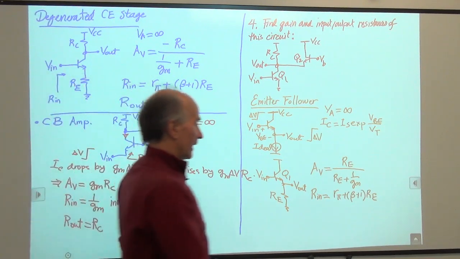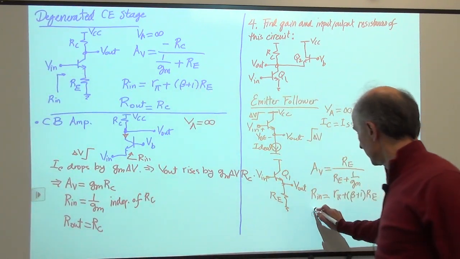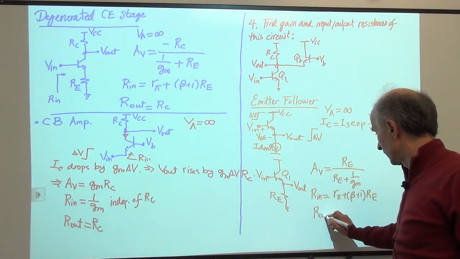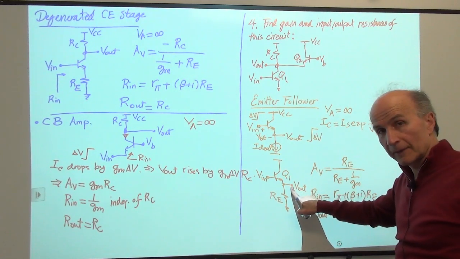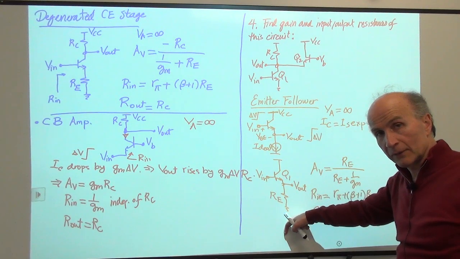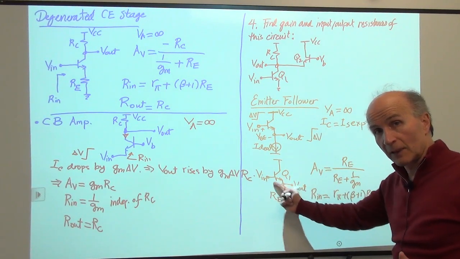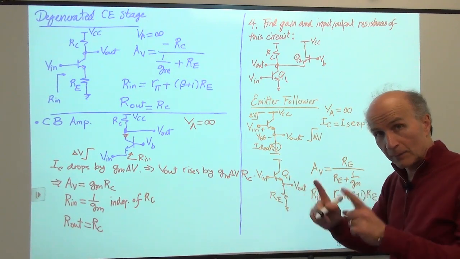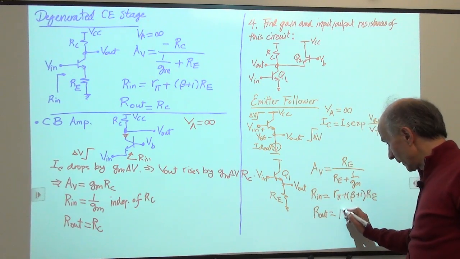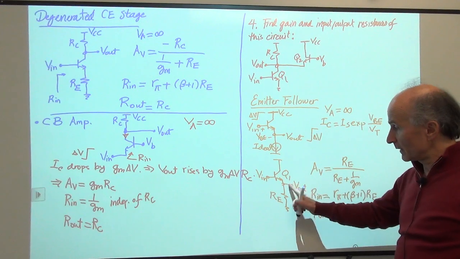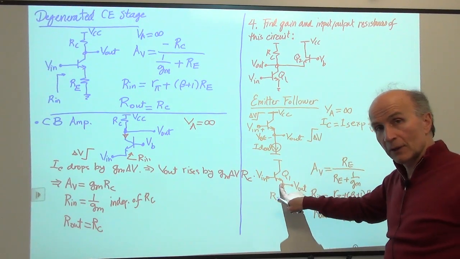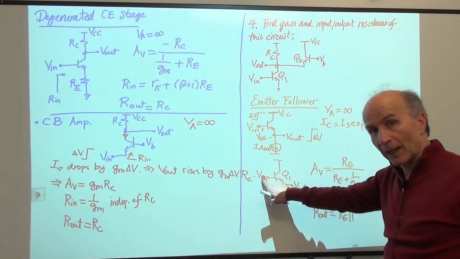Okay? And then how about the output resistance? If I sit here and measure the output resistance, how much do I see? I see RE to ground, but then I see something else looking at the emitter of the transistor, and these go in parallel. So I have RE in parallel with, what do we see if we look into the emitter of a transistor while its base is at AC ground?